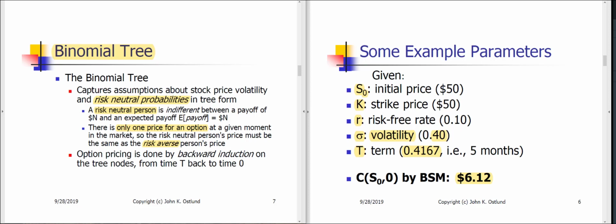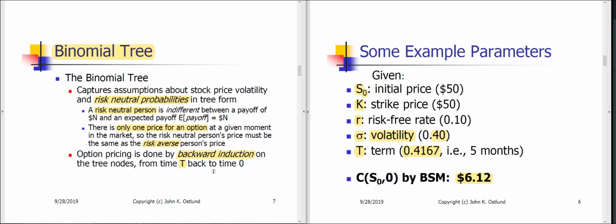We build our forward-looking tree of possible future stock prices, and then we can use what's called backward induction to start from the expiration time t. We compute what the actual payoffs of these possible future stock prices are at time t, and then we can step backward to time 0 to figure out what the option price should be right now.